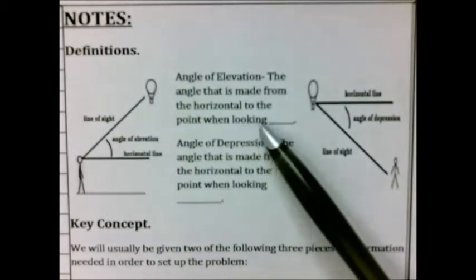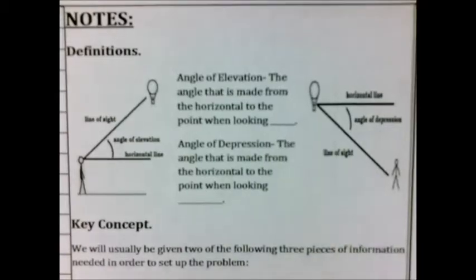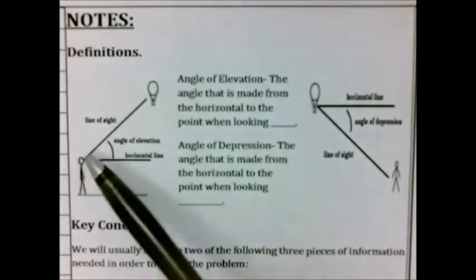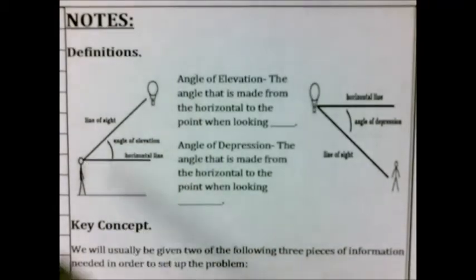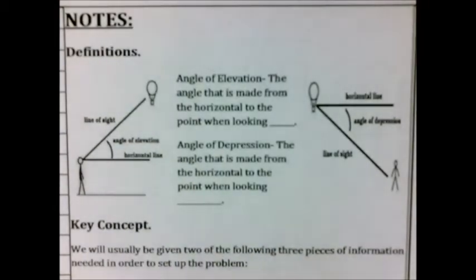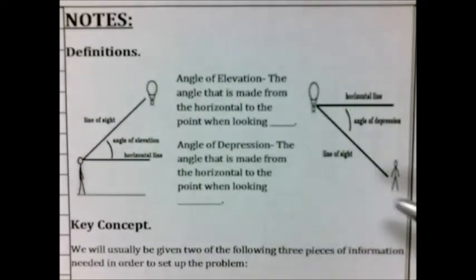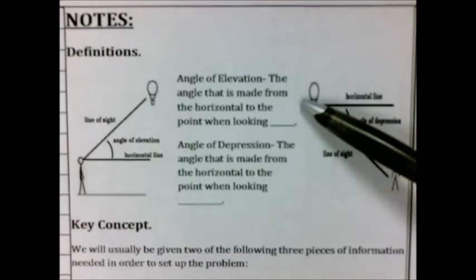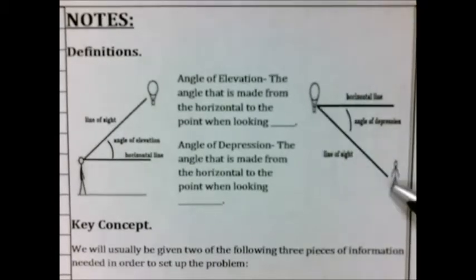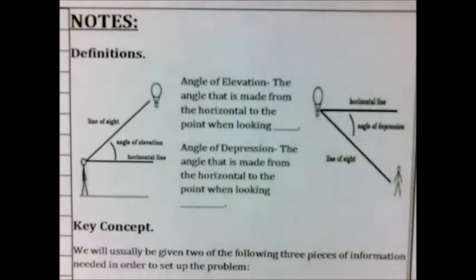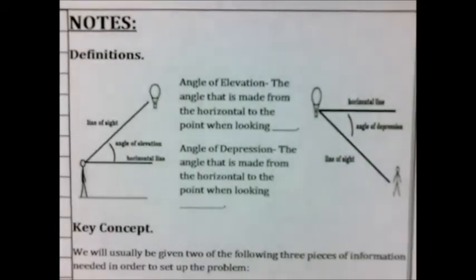Angle of depression, on the contrary, is the angle made from the horizontal to the point when looking down.